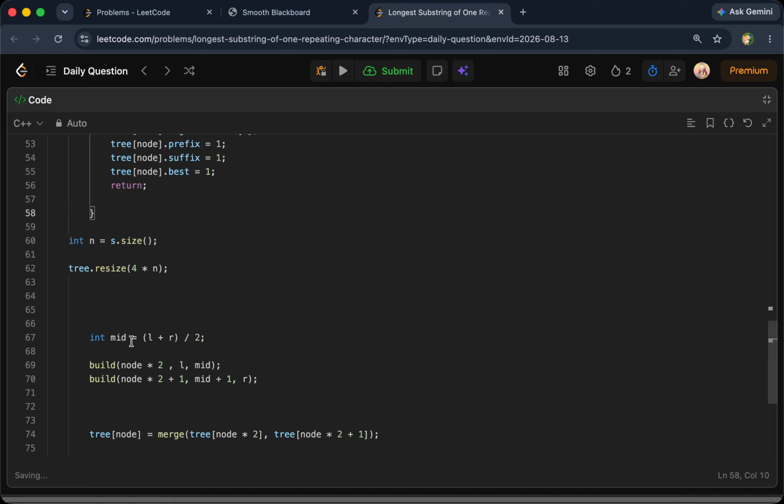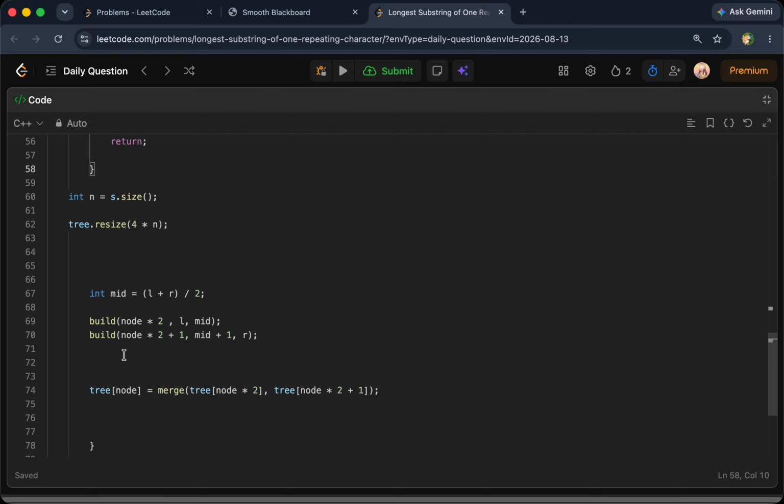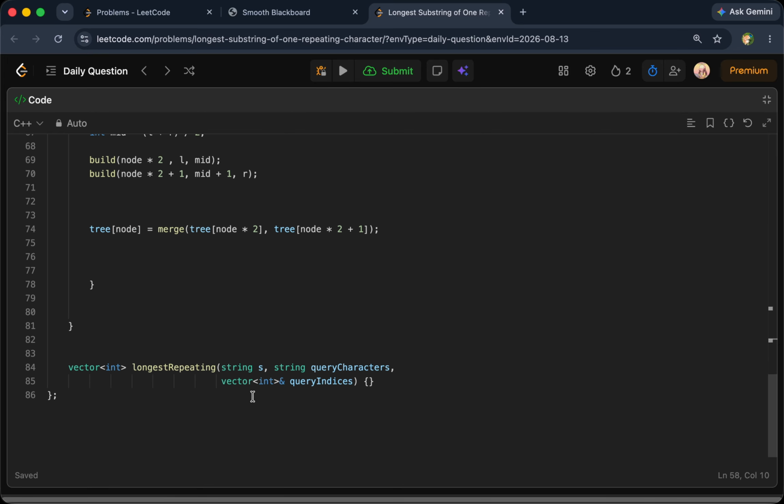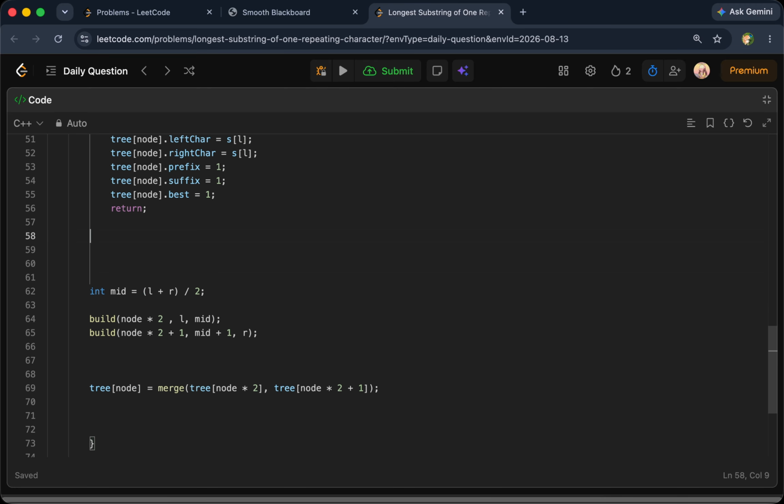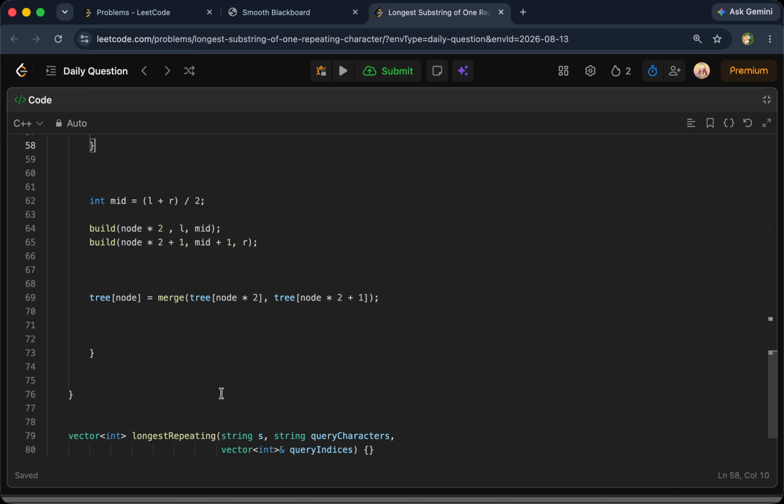Then we find the mid. Then after I find mid, the node merges with 2 node plus 1, it was right.